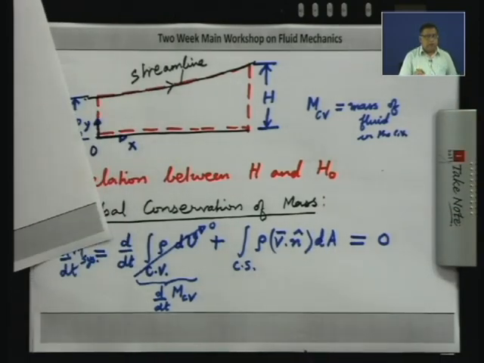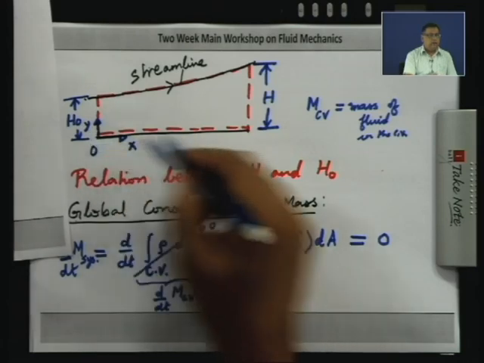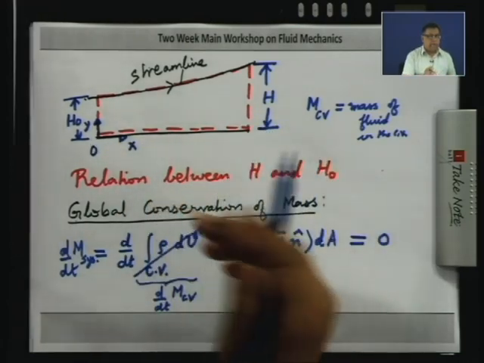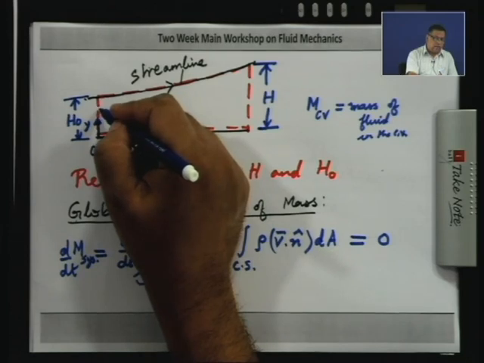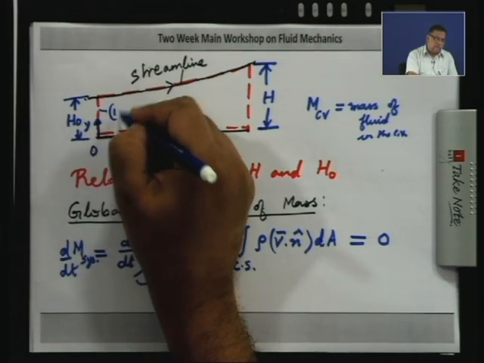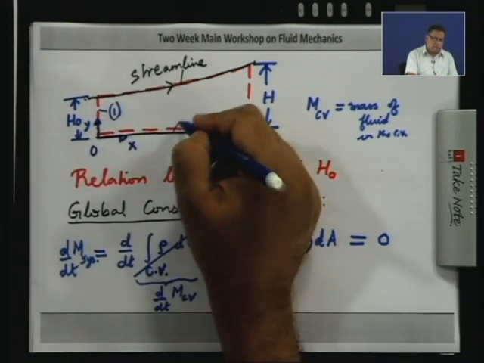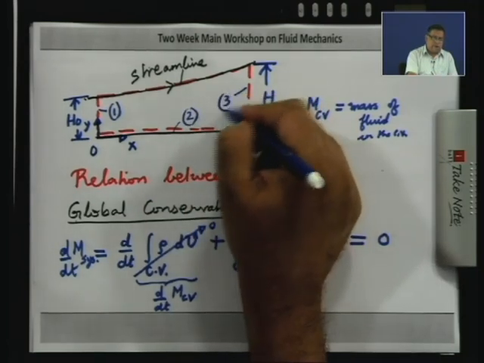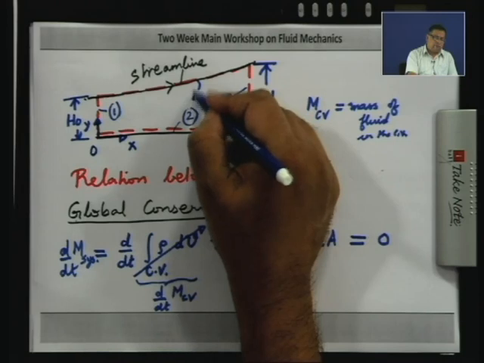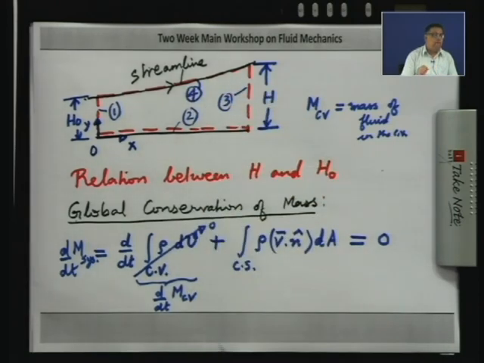Here it is convenient to split the control surface into several parts. Suppose I call this surface 1, this surface 2, this surface 3, and this one, the top surface, 4.